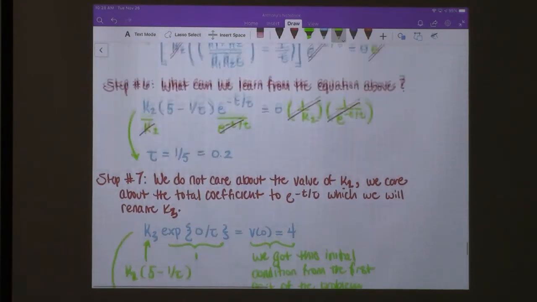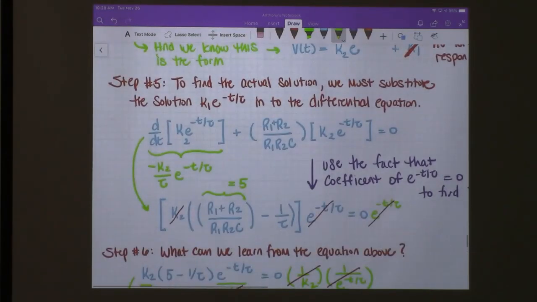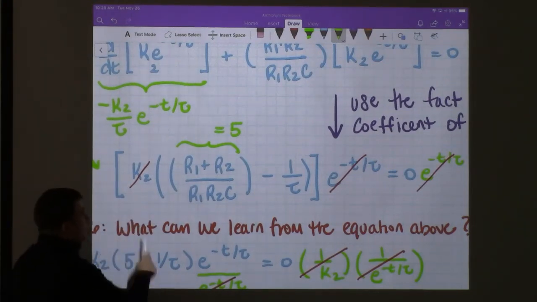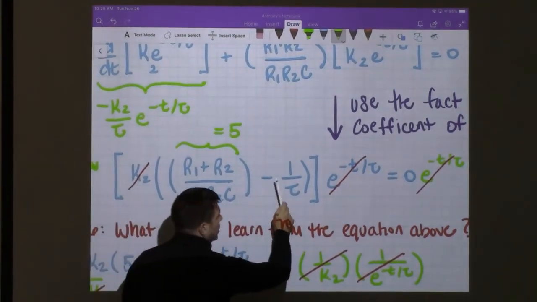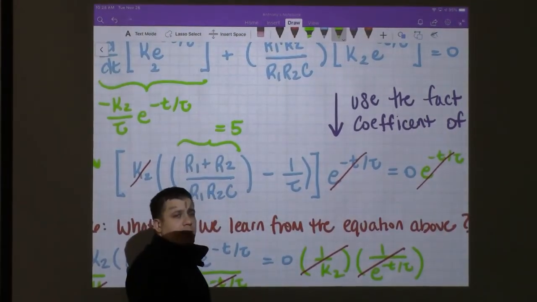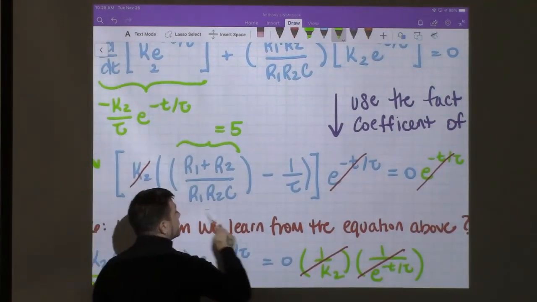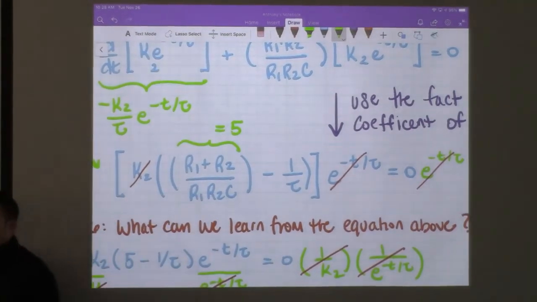So going back to the solution up here, we're not going to try to solve for this value of K2. We're just going to try to figure out what all of this is equal to. What is the coefficient of e to the negative t over tau? And all of this is what we're going to rename as K3.